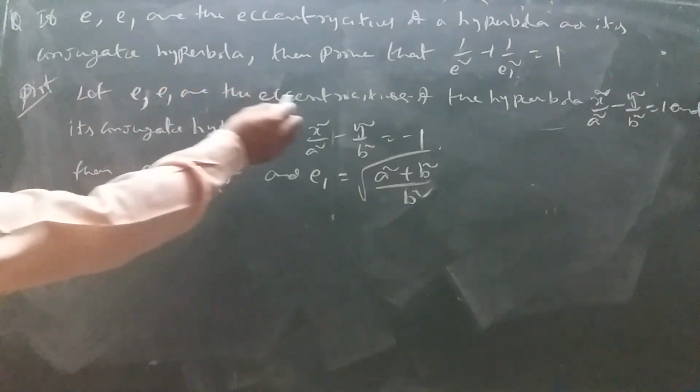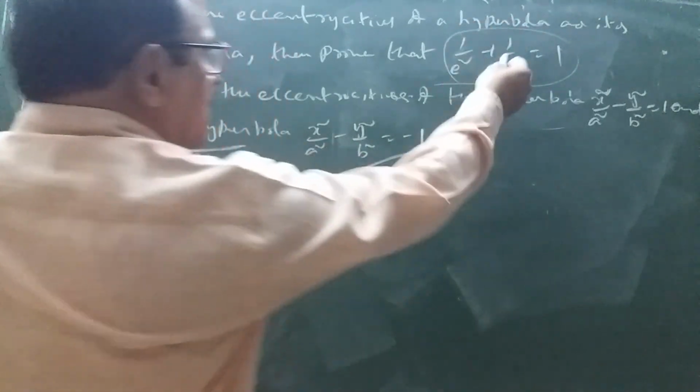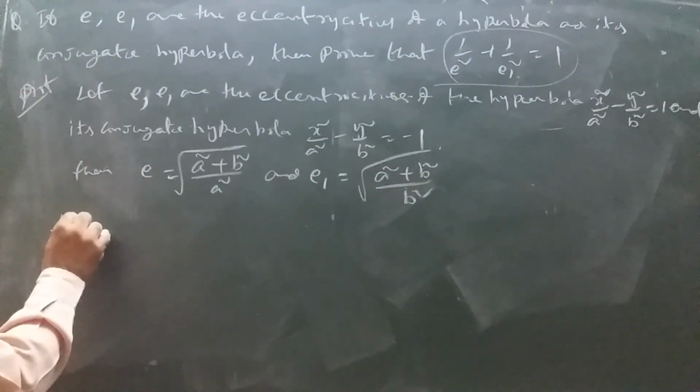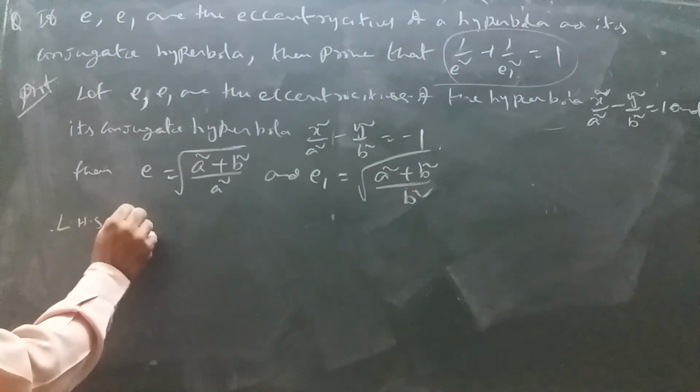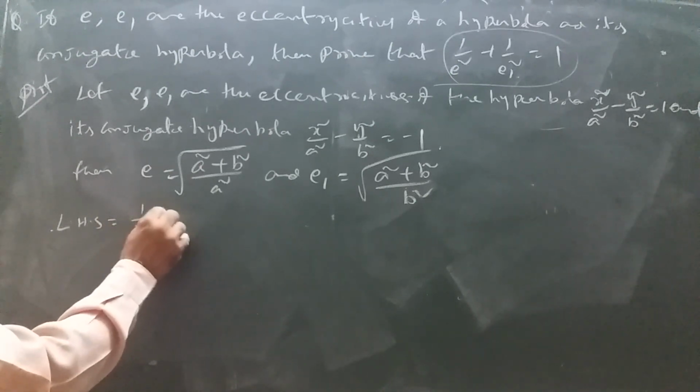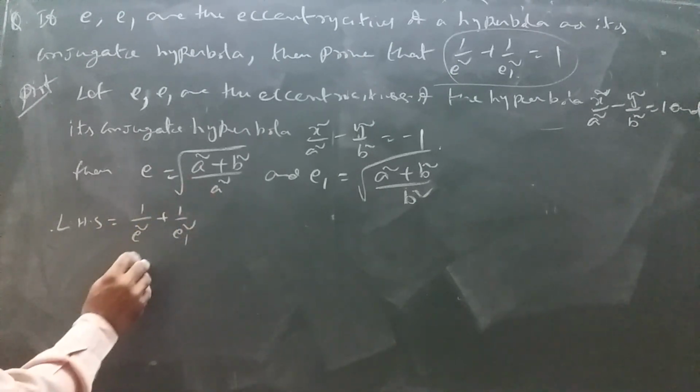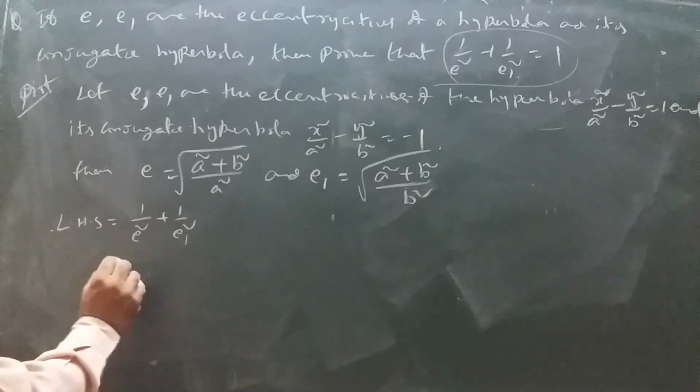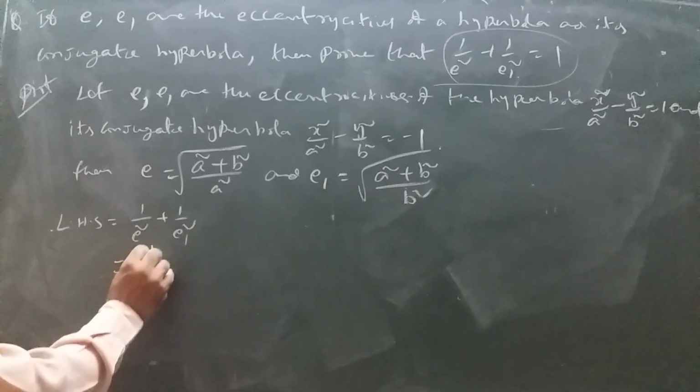So now we have to take the proof. On the left side, LHS is equal to 1 by E square plus 1 by E1 square, which is equal to 1 by E square.